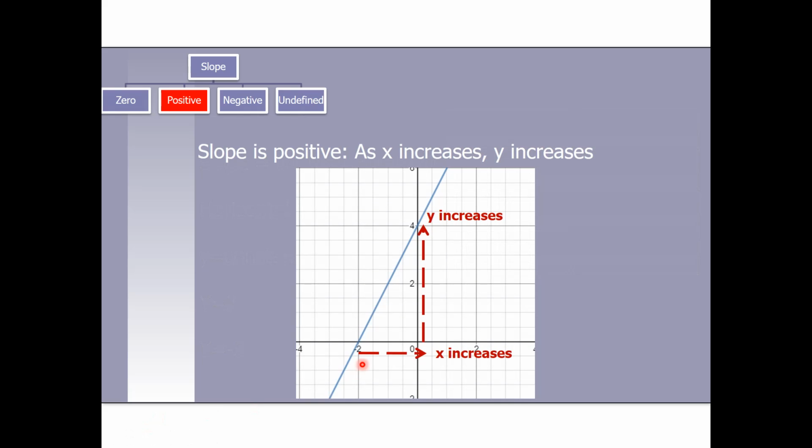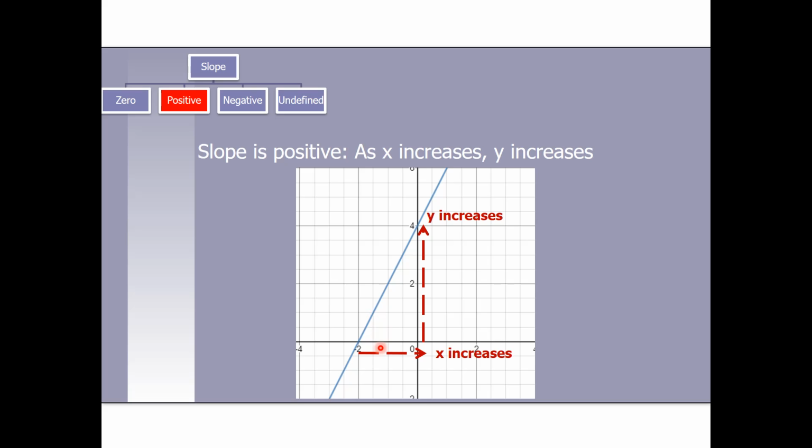Now, this line, the blue colored one, has a positive slope. Why? Because as x increases, y also increases. So the ratio between delta y and delta x, that is the slope, is a positive number.